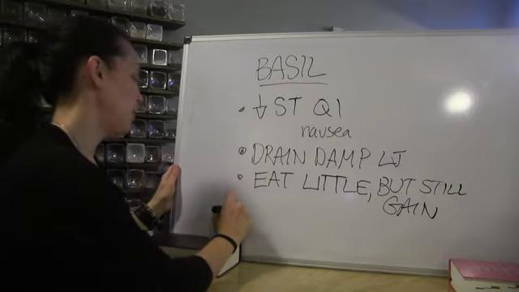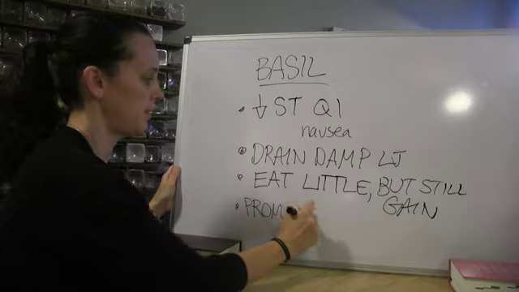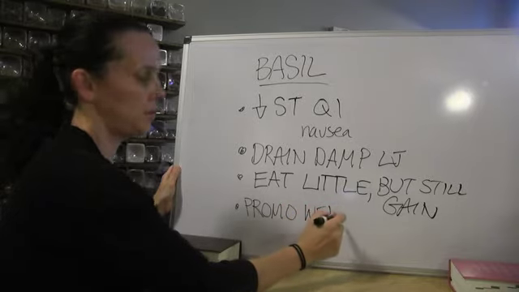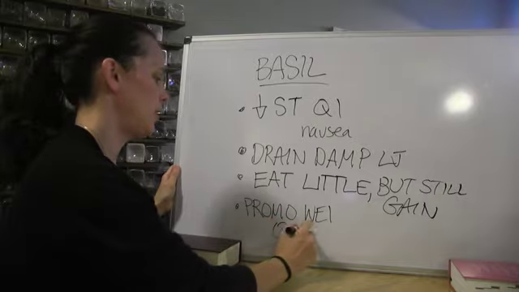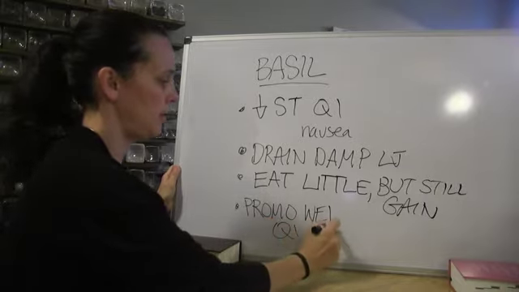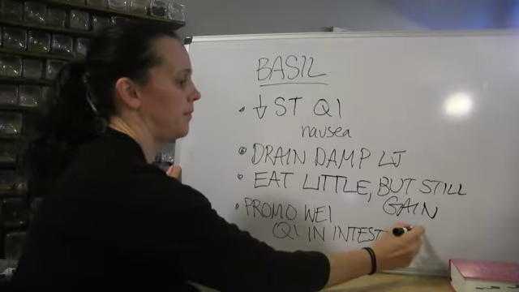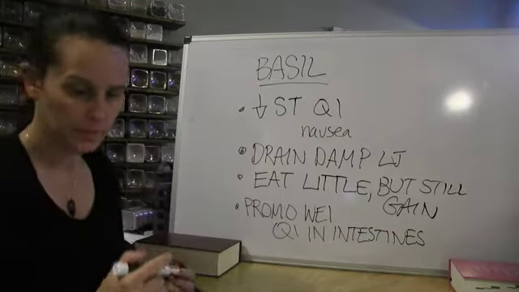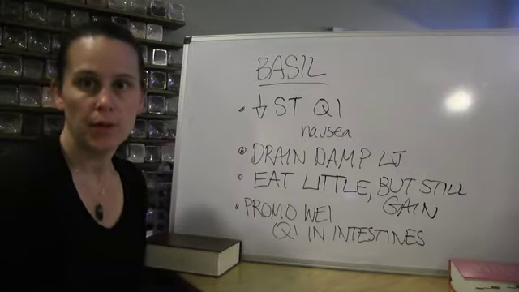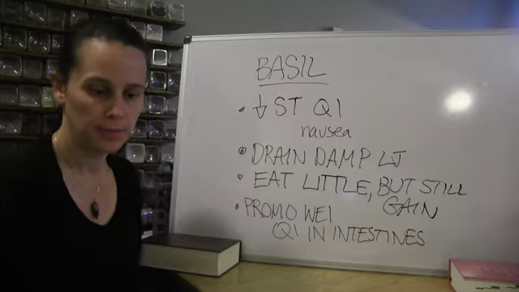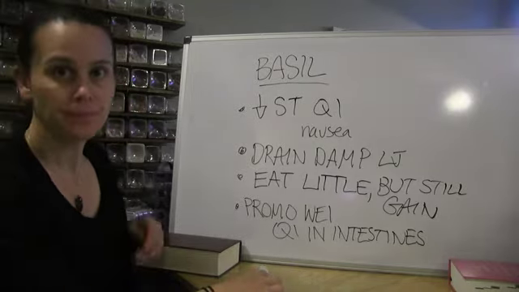And it promotes Wei Qi in the intestines, so peristalsis. And a lot of the oils we're going to go over this evening do this. Promote Wei Qi in the intestines. So these are great ways that basil can be used to help with common digestive conditions. And basil is warming.